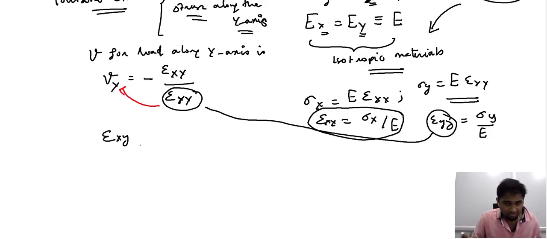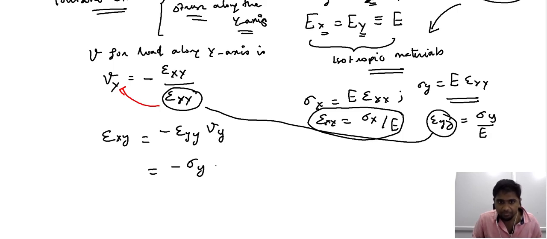When we do both these operations, what we end up having is this term here, the indirect strain epsilon xy, is nothing but minus of the product of epsilon yy and the Poisson's ratio along the y direction, which can be expressed as minus sigma y, the Poisson's ratio along the y direction, over E.